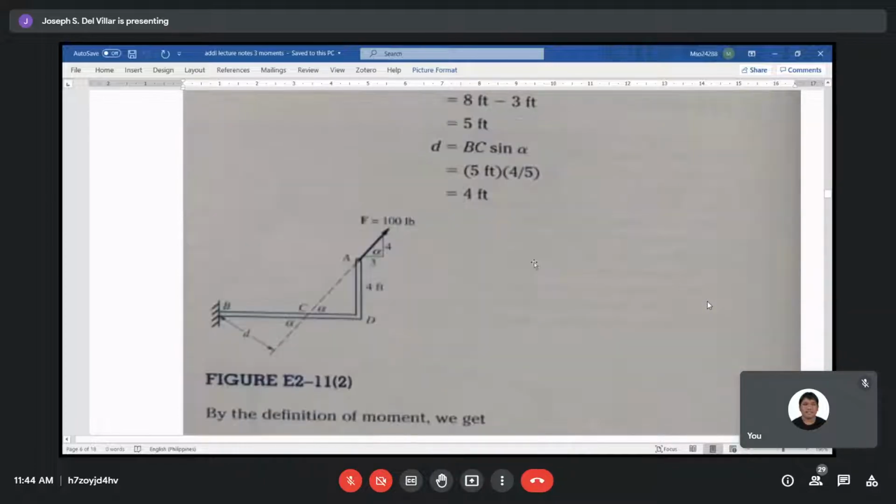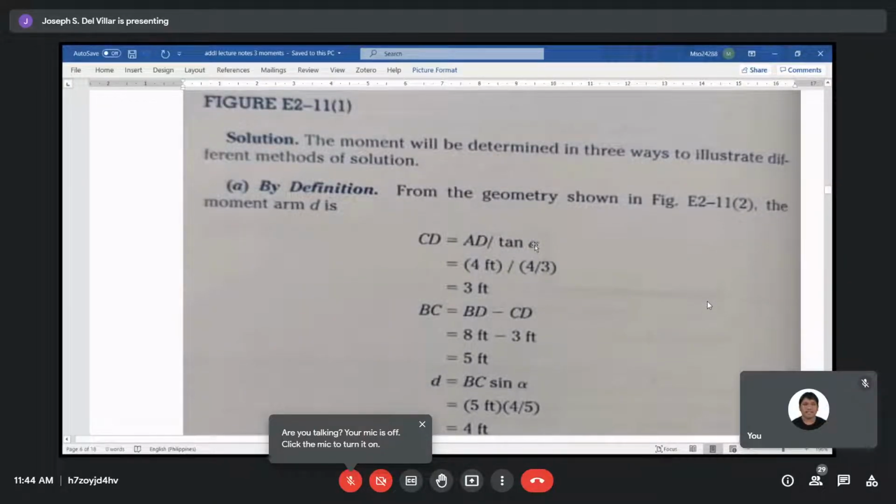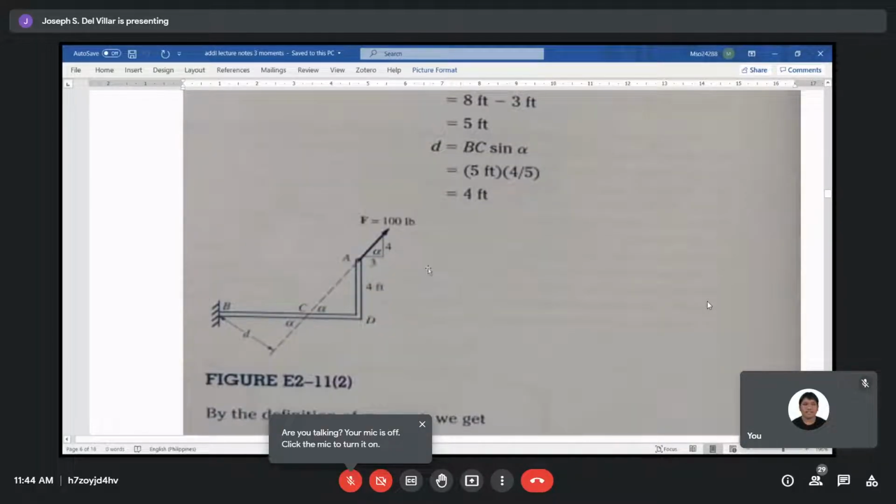Now, in transmissibility, yung ginawa dito sa solution, sa book. Eto. So take a look at this, kung paano ginawa. In-extend downward yung line of action of the force. And then, nag-drop ng perpendicular line doon sa line of action kasi naka 90 degrees na dito.